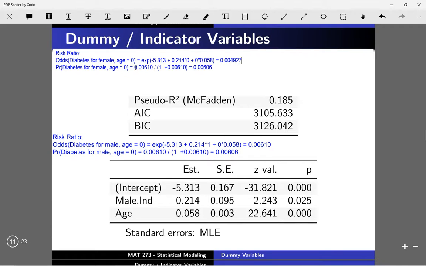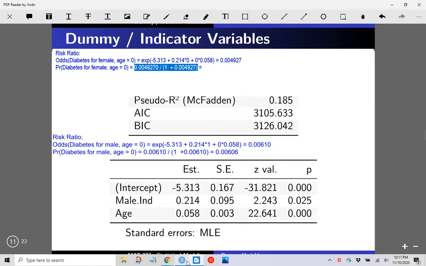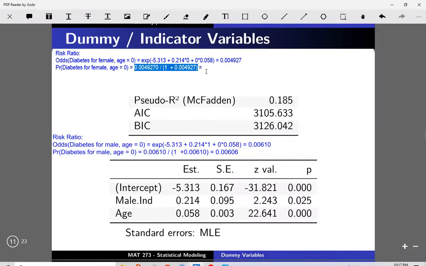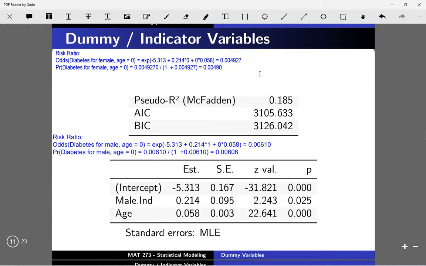Okay, and then we do the odds over 1 plus the odds to get the probability of having diabetes. And again, we'll use R as our calculator here. All right. And so R says this is the probability of female age 0 having diabetes.